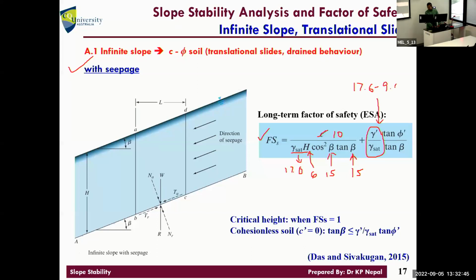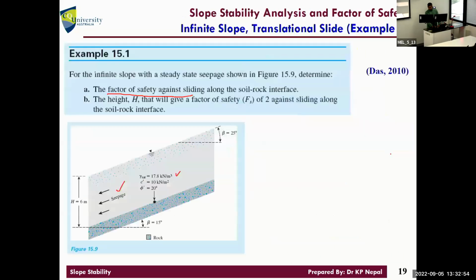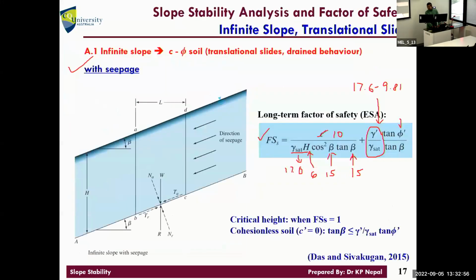And then that's all. Phi, what's the friction angle? That's a 20. And that's a 15. Come on, press the calculator. That's in our problem.